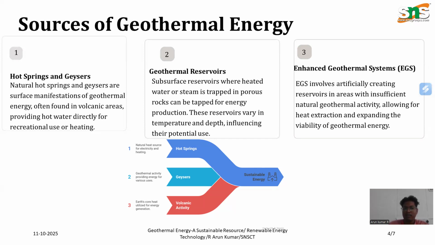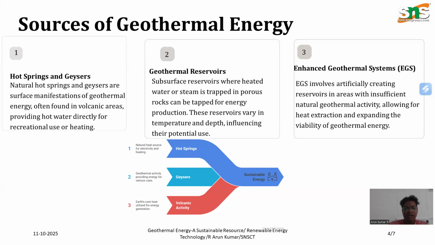Then there is the geothermal reservoir, a subsurface reservoir where heated water or steam can be trapped by rock for energy production. These reservoirs vary in temperature, which influences their potential usage.